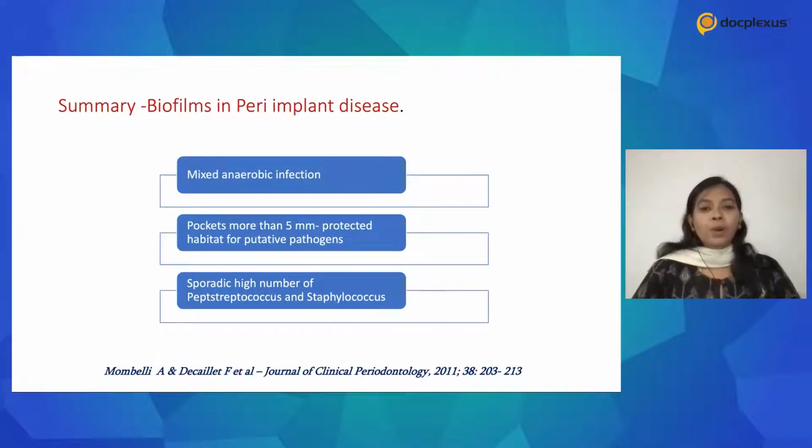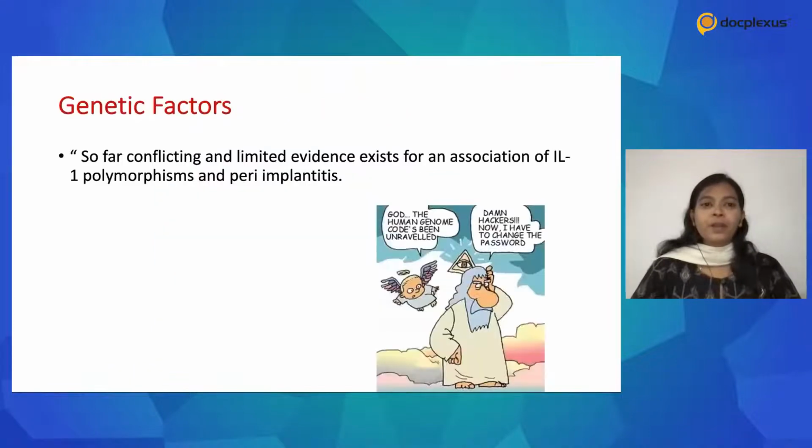Apart from that, pockets more than 5 millimeters can be a very good niche for the periodontal or the peri-implant pathogens. Apart from that, if there is a sporadic high number of Peptostreptococcus and Staphylococcus, it also leads to peri-implant diseases, as stated in one of the literatures.